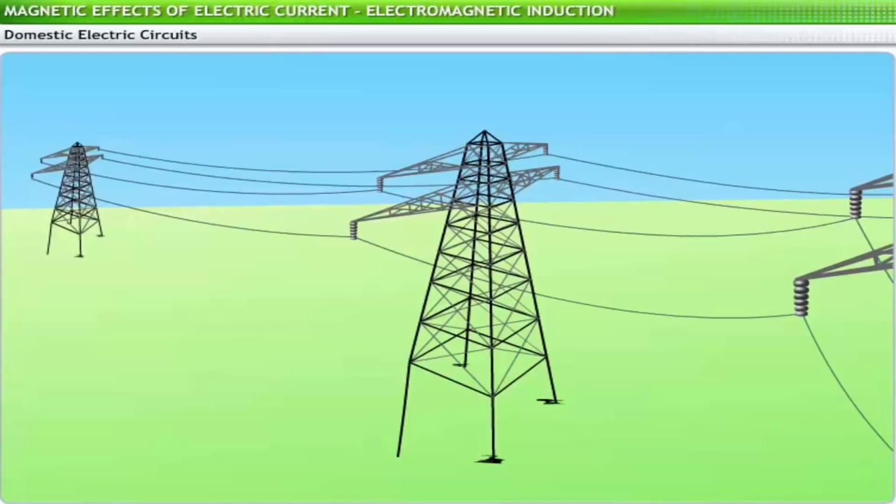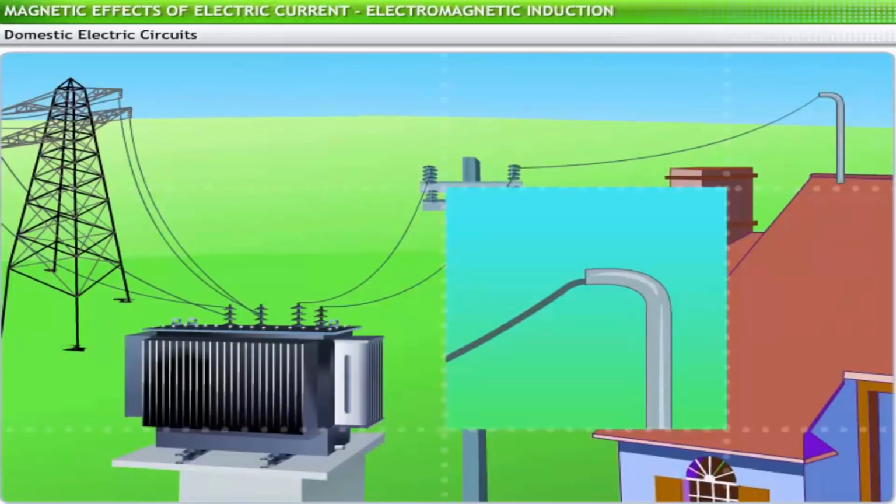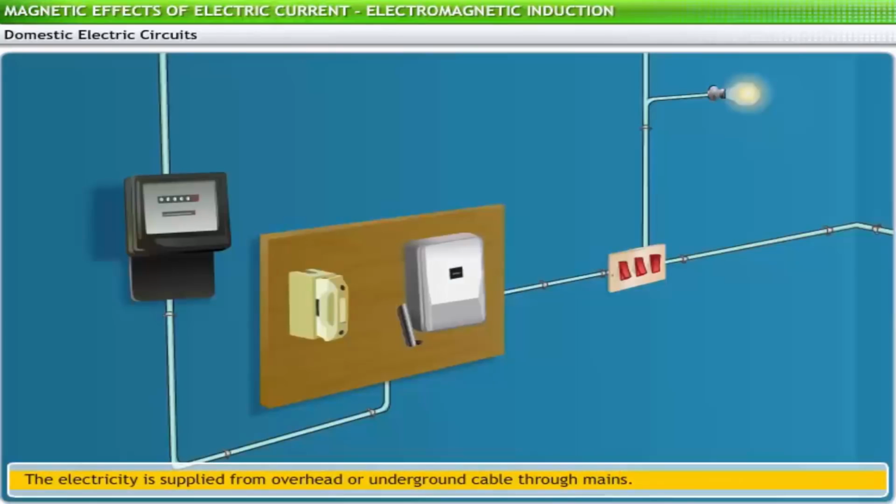Let's see how electricity is distributed through domestic electric circuits. A network of overhead or underground cables brings power to our homes. Domestic electric circuits are connected to this network through main supply cables, commonly known as mains.